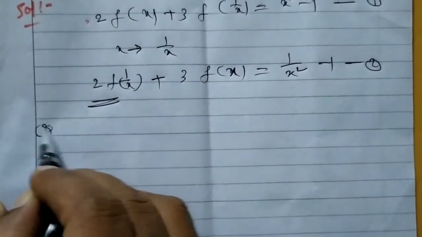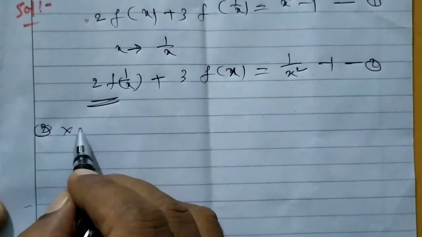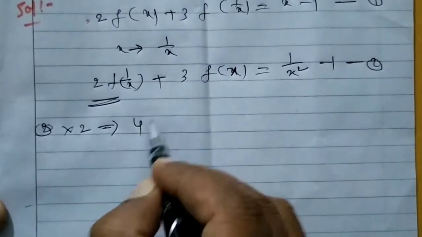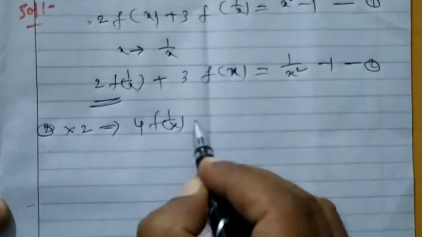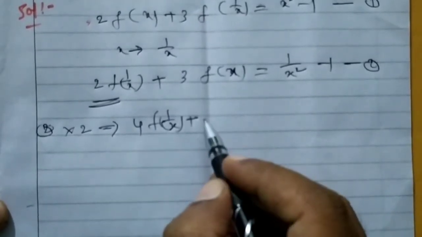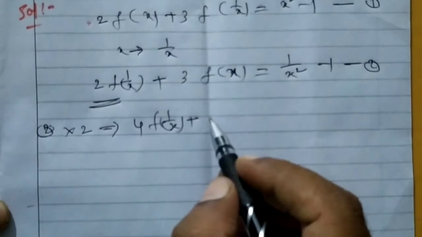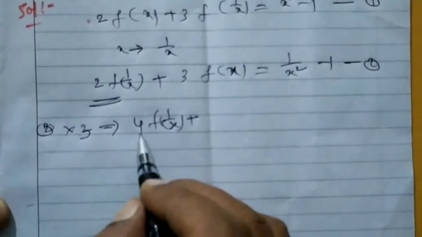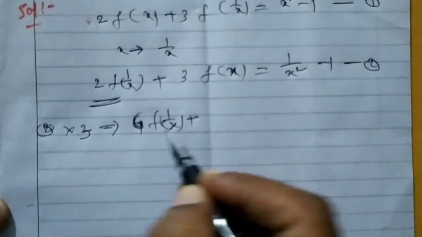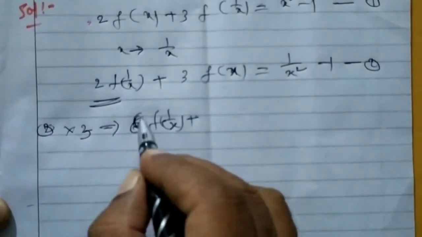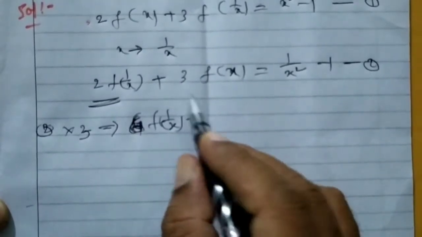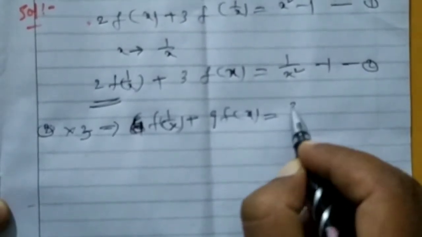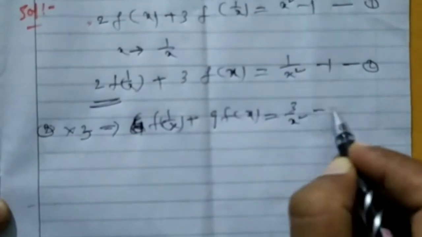For that, equation 2 is multiplied by 3, to get 6f(1/x), and 3 into 3, 9f(x) = 3/x squared - 3.